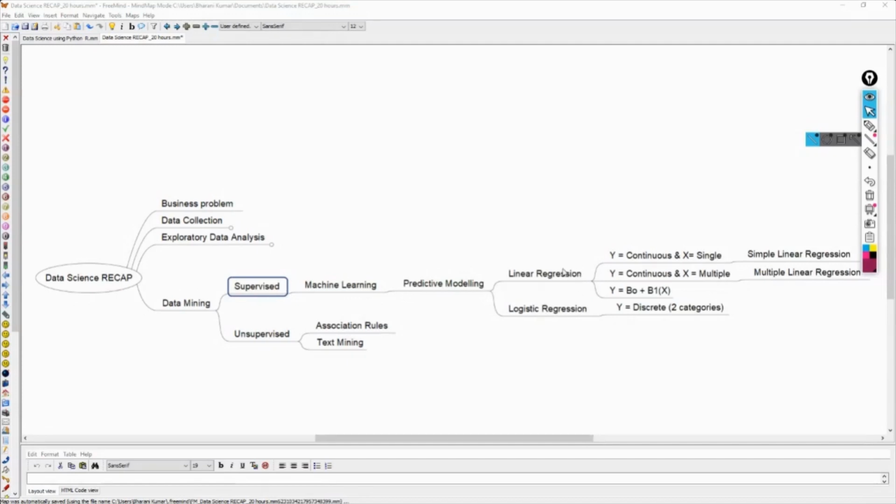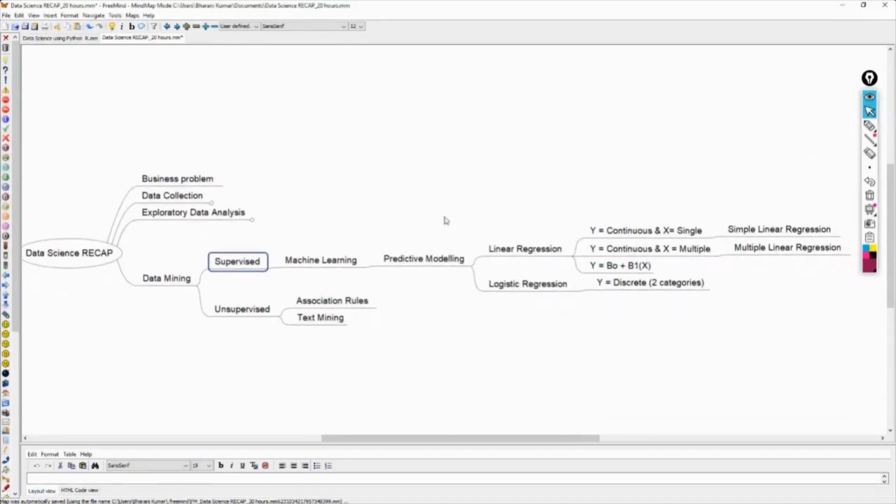We talk about regularization techniques. How do you split the data into training and test? How do you build it on train? How to test it on test? Many things. Given that our time is only 20 hours, we do not get into that depth. I'm making it very clear. But this should be a good start for you all.